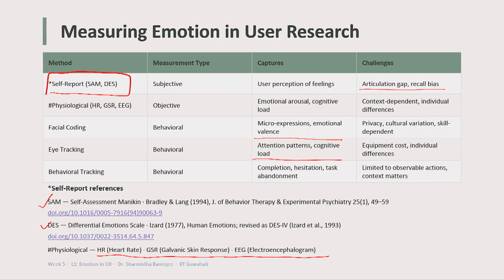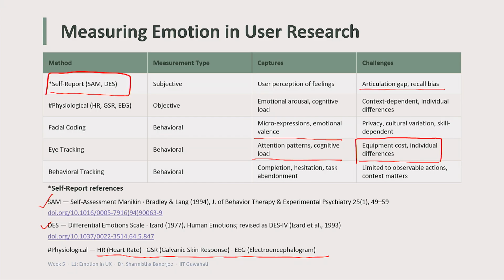It gives behavioral data, and when you are navigating through something, it can help identify your attention patterns: which part of the screen you are paying more attention to, for how long, and where your attention is totally not going. It can also tell you if cognitive load is spiking, because then people try to look away. However, the challenges are that it requires costly equipment, and there are again individual differences over here too.